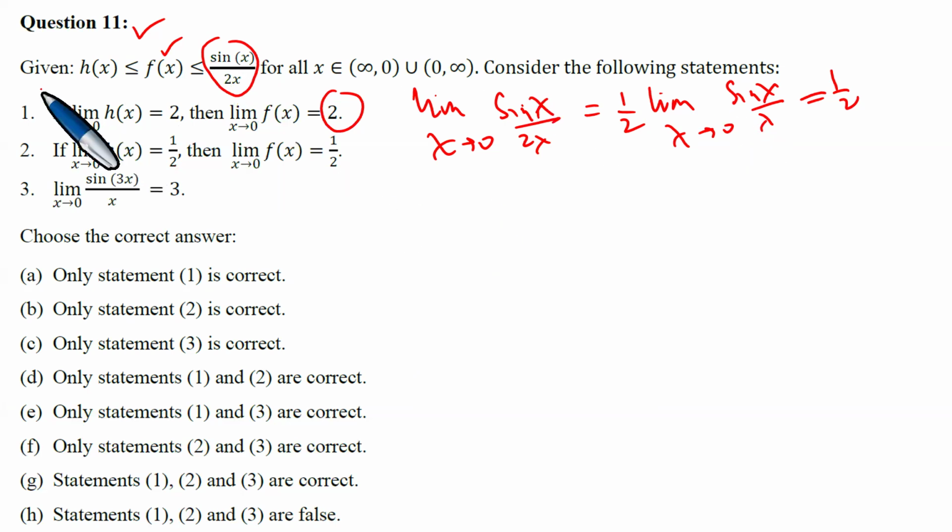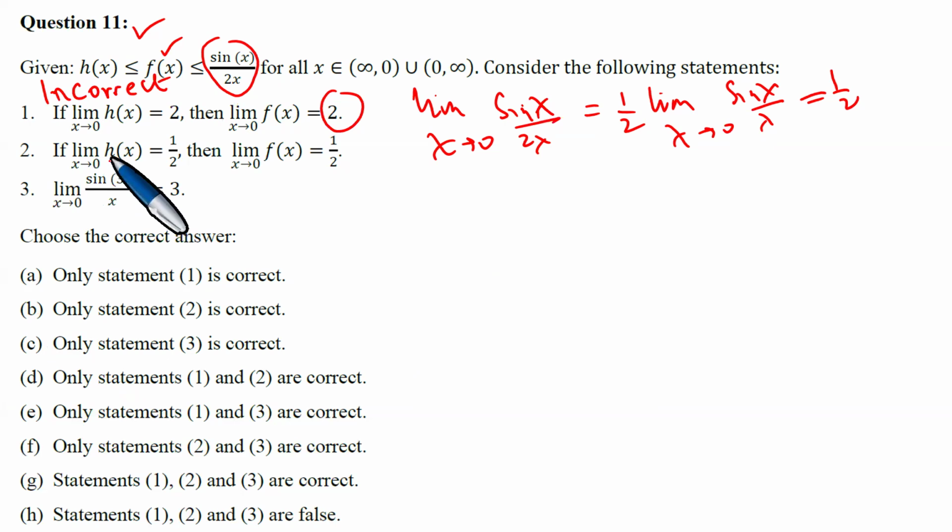So indeed, we're able to see that this one is actually incorrect. Right, so let us continue right now to look at the next one.